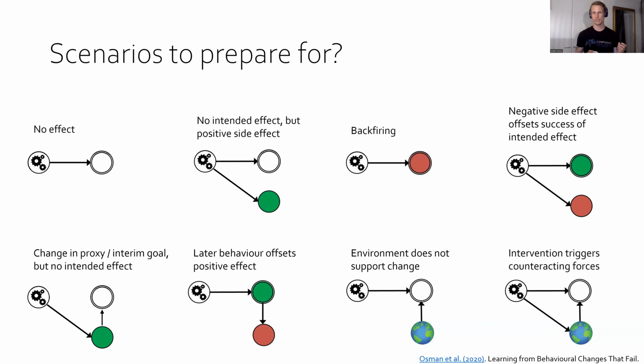And it also might be that the act of intervention in itself triggers some counteracting forces or an adverse reaction, so that people become very angry, or they feel manipulated, or they interpret your message as something that you really didn't intend.